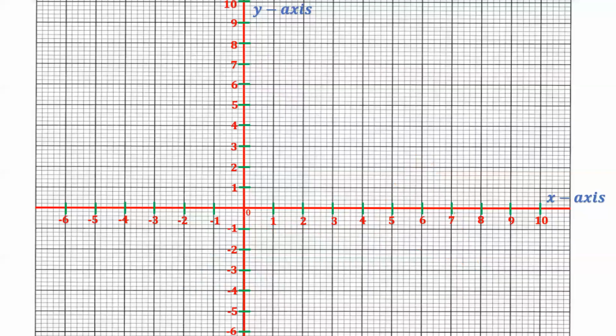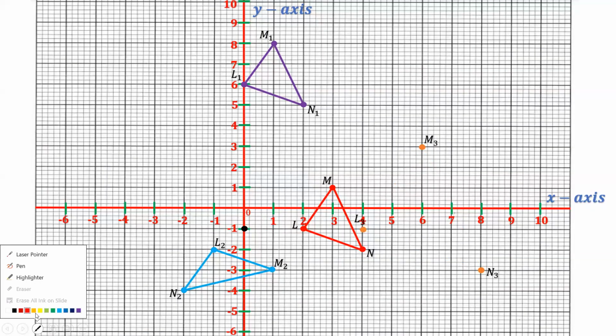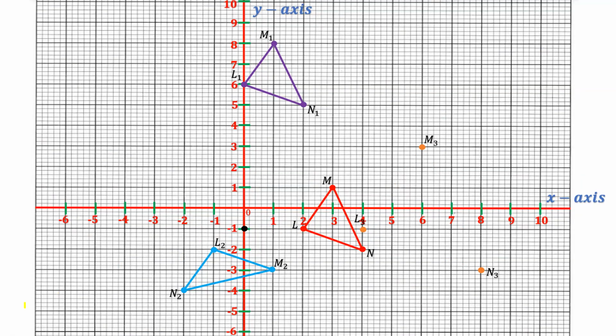So let's look now at M3. If we look at M3 and related to our center, we find that this is 1, 2, 3, 4. No, I'm sorry. If we look at M, not M3. So let's look at M, and that's related to our center of enlargement.